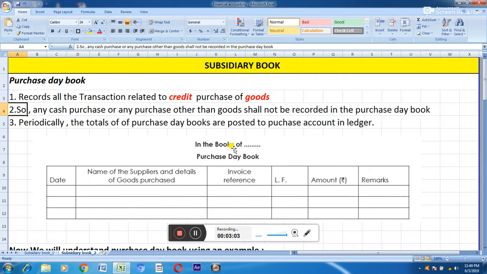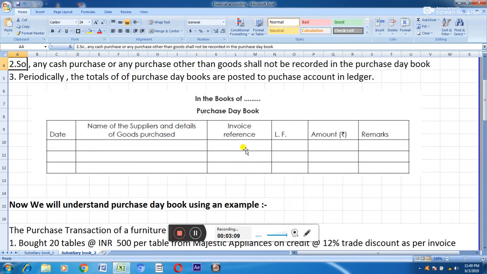So how do we write the format of the purchase day book? This is the format. In the books of some company's name here, purchase day book, it has different columns.